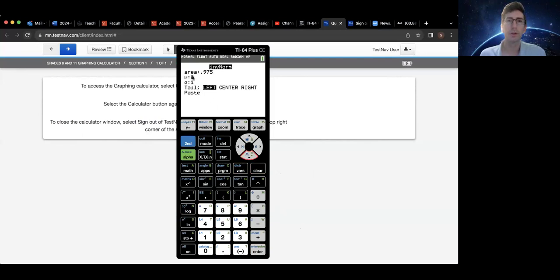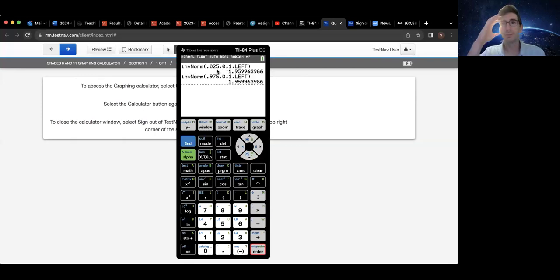We're still under a standard normal curve, right? We're talking about z-scores, so I don't need to change any of this. The area under the curve to the left of 0.975 is exactly our positive 1.9599, or that positive 1.96.